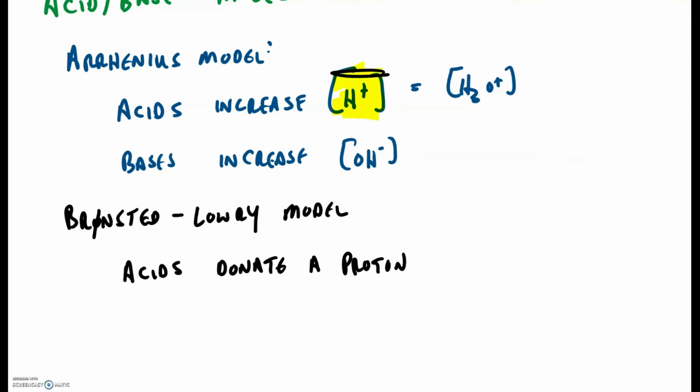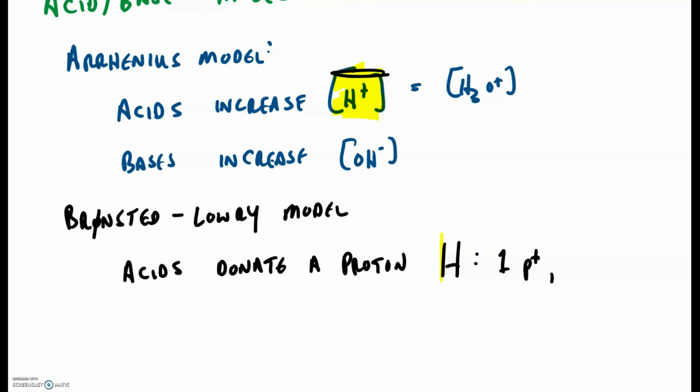Remember that a hydrogen atom has one proton and one electron and no neutrons. So if it has one proton and one electron, and then we yank it out of a water molecule, leaving the electron behind, what we're left with is one proton. And that's all an acid does, according to this model. Okay?